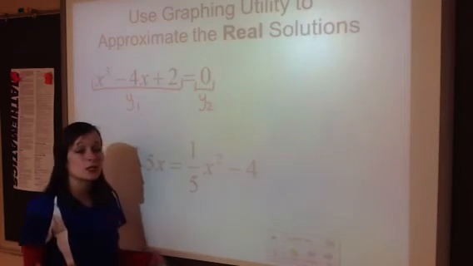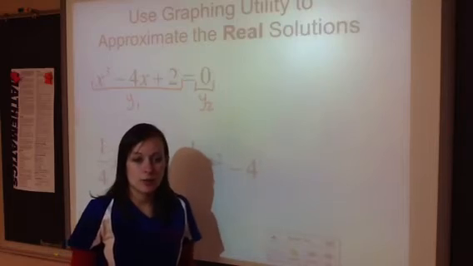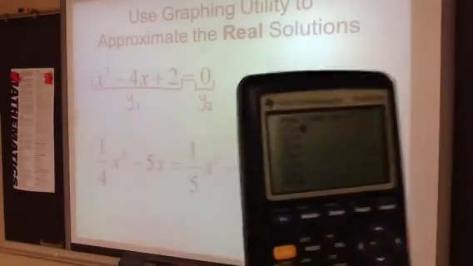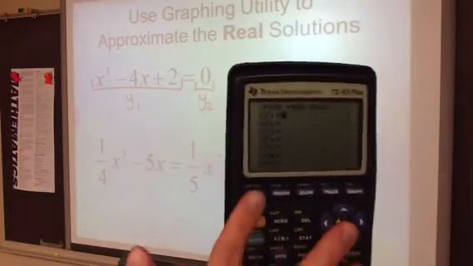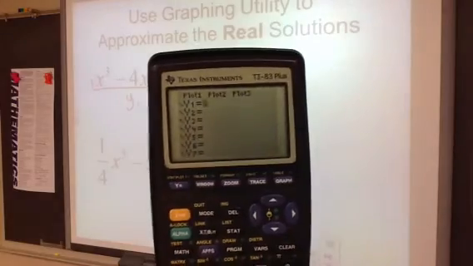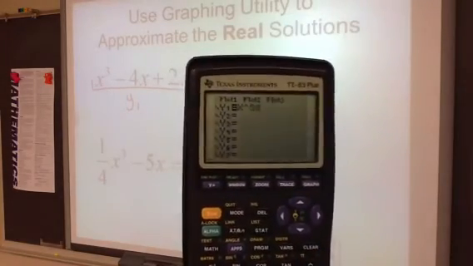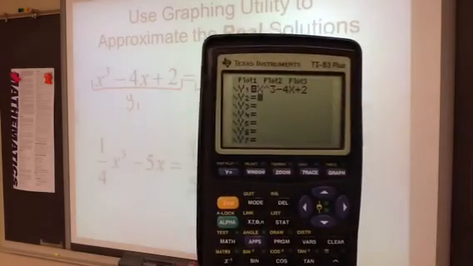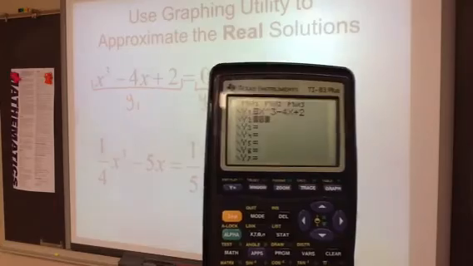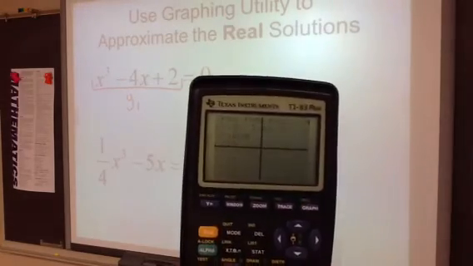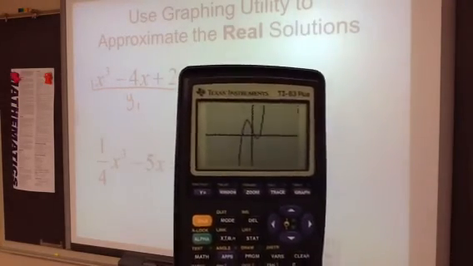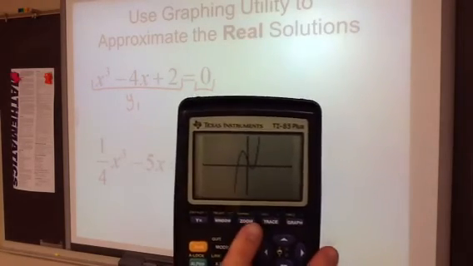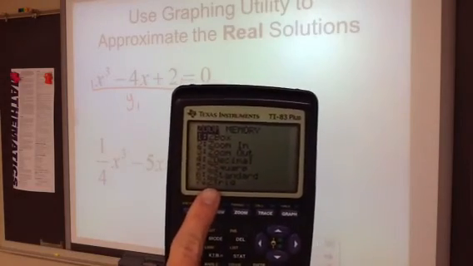And I'm going to use the intersection feature on my calculator to find where they intersect. I hit y equals, and I'm going to type in x cubed minus 4x plus 2. Hit enter. For y2, I'm going to enter 0. I'm going to graph. My calculator is set to the standard window. If yours is not, you might hit zoom, and then there's that standard number 6.